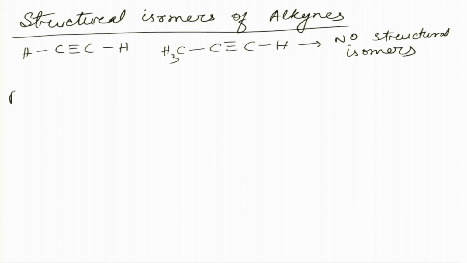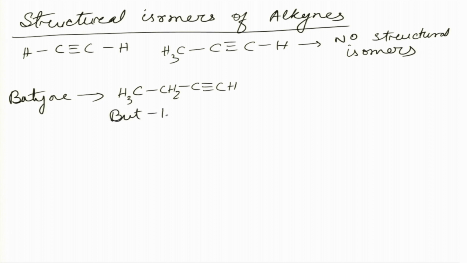Now, if we talk about butyne, for butyne we can write like this. This is called but-1-yne. We can also write like this.